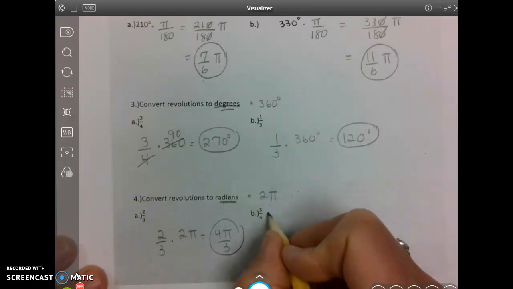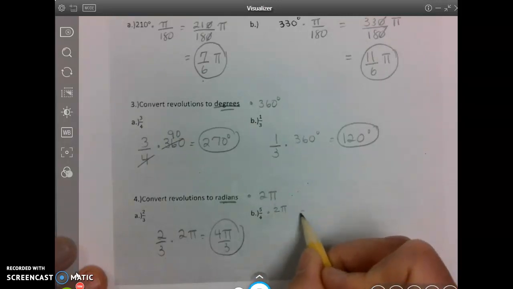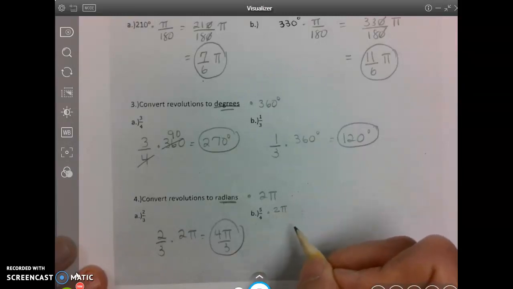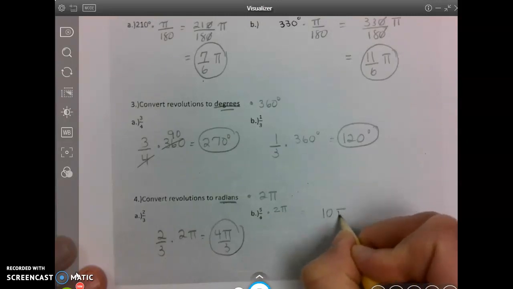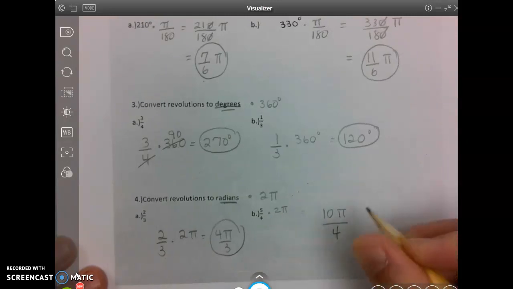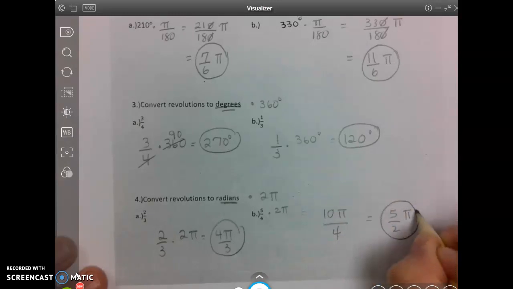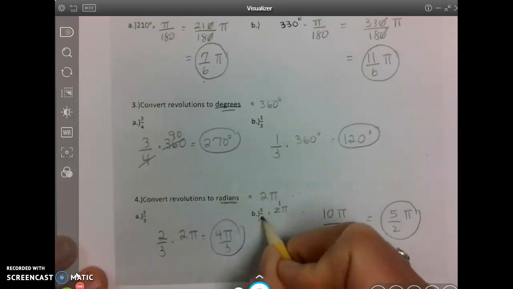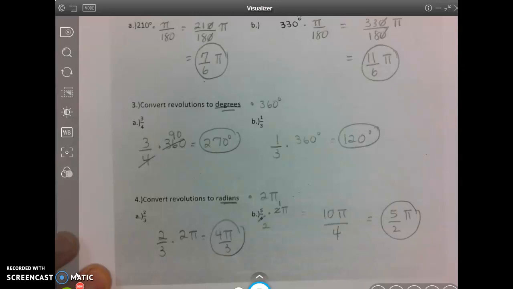And lastly, 5/4, I'm going to multiply it by 2 pi, and I can do my canceling out first, or I can do my reducing after. Let's do this one after, just to show you another way to do it. 10 pi over 4, and I realize that both 10 and 4 are divisible by 2, so I get 5/2 pi. I could have, right when I was here, done the simplifying first, so the 2 becomes a 1 and the 4 becomes a 2, and been left with 5 pi over 2.